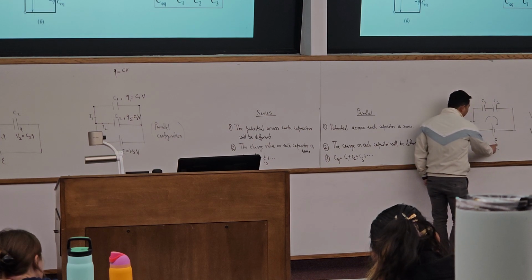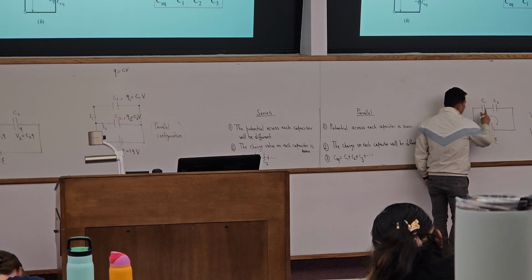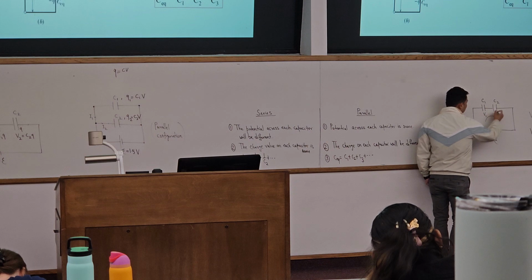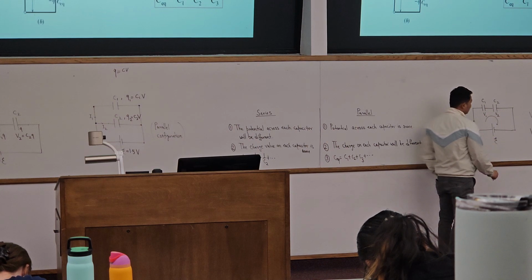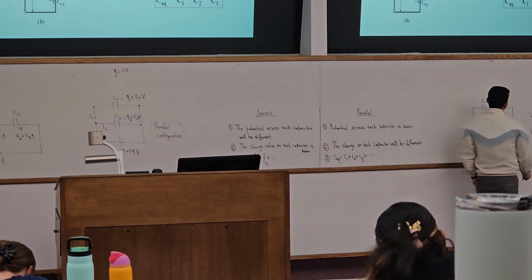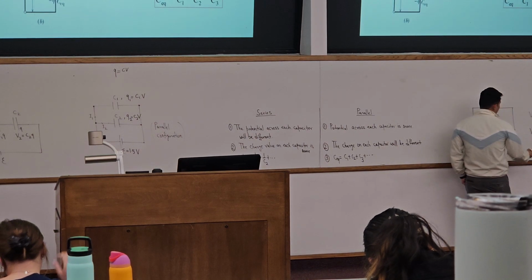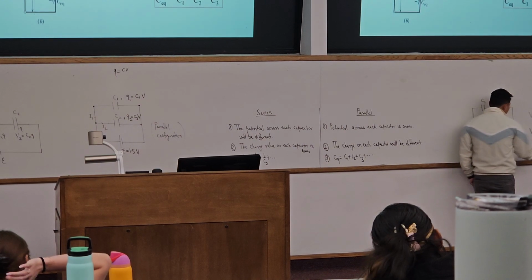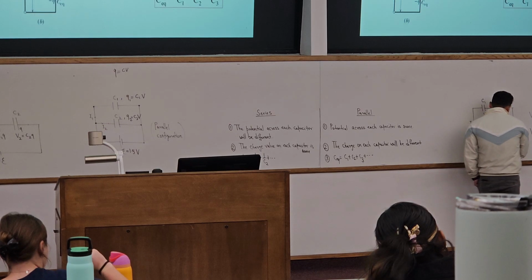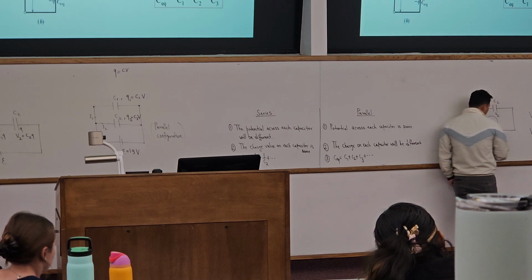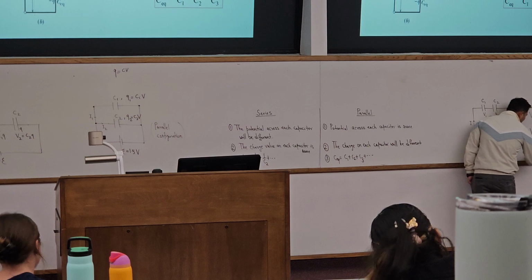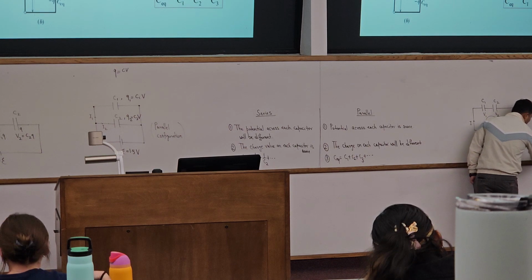The net potential that is dropped across is V1 and V2. So the net potential, which we can call E, is going to be V1 plus V2.